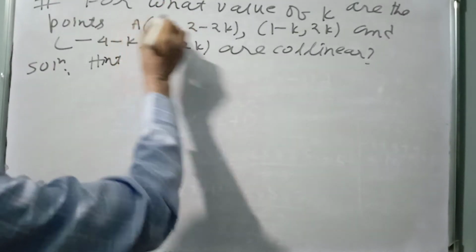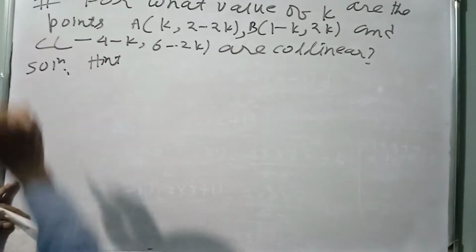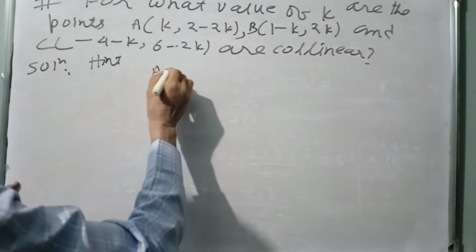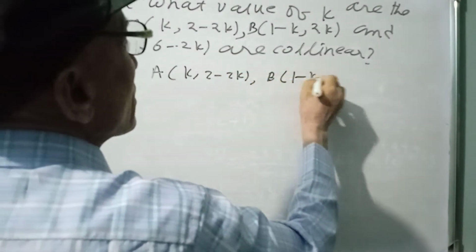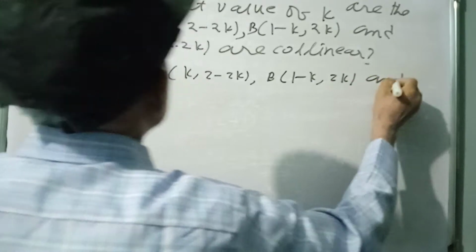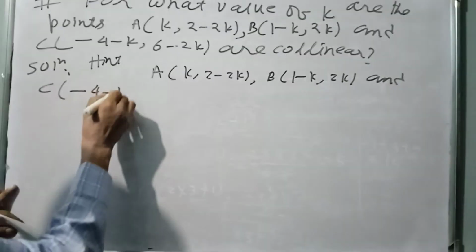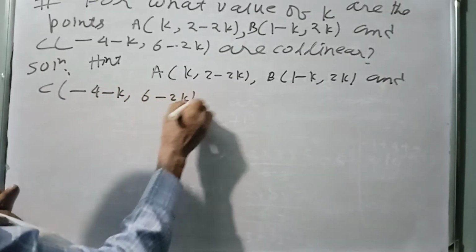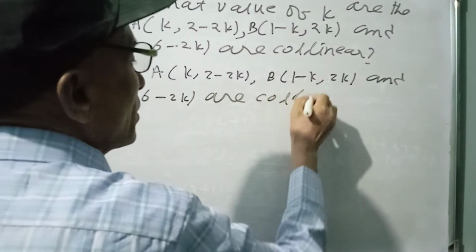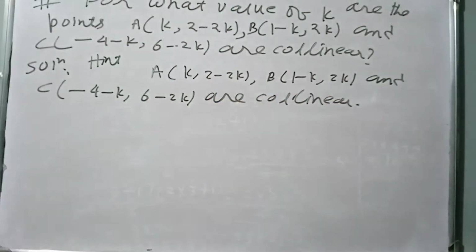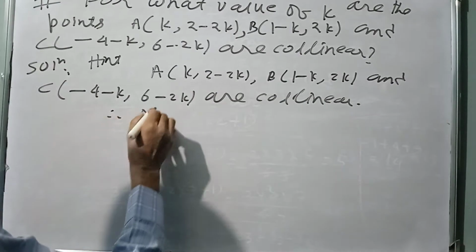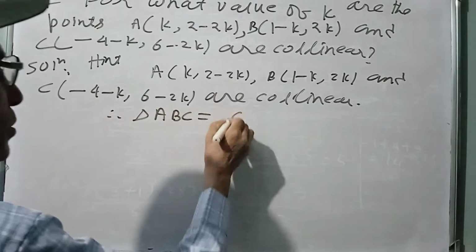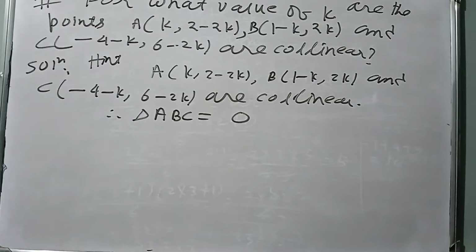Suppose it is A, B, and C: A (k, 2 minus 2k), B (1 minus k, 2k), and C (minus 4 minus k, 6 minus 2k) are collinear. If the points are collinear, what is the area of the triangle formed? Therefore, triangle ABC equals 0 because they are collinear.